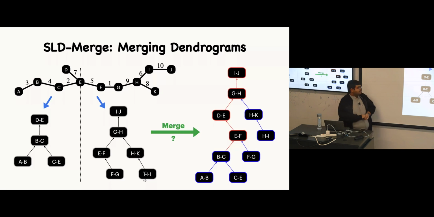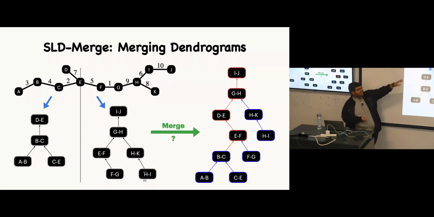Trying to study this example, just one observation over here. It turns out that not a lot of the structure in the output dendrogram changes when we merge the two, or when you compute the dendrogram for the entire tree. In particular, the nodes marked in blue are the parts that do not change at all, and the nodes marked in red are the ones which change.